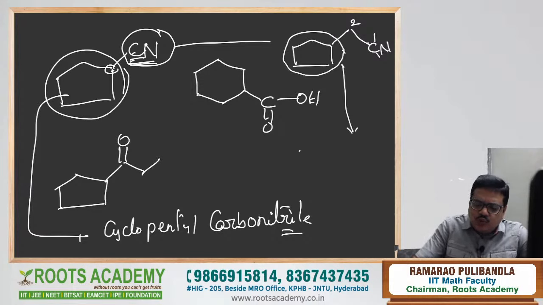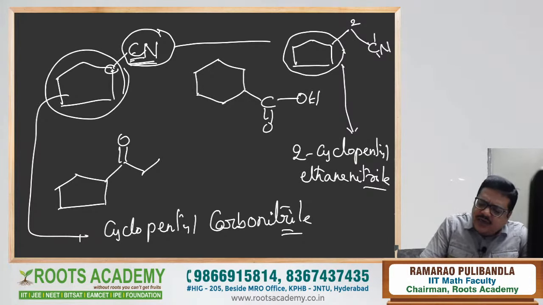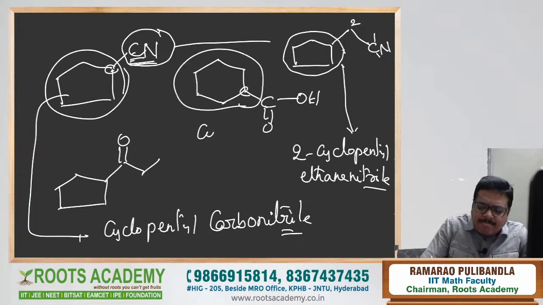So 2-cyclopentyl ethane nitrile. Like that we have to approach. Similarly, this one, the ring directly connected by carbon with functional group. This is called cyclohexane carboxylic acid.